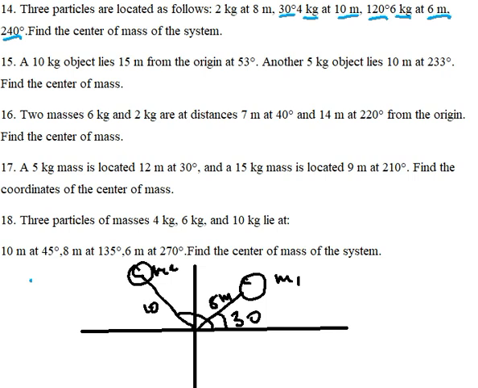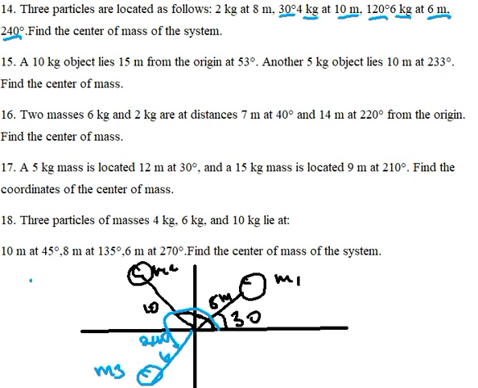And the object 3 is at about 240 degrees. So from the origin, we are to go like this. This is where 240 has to be located. And this is the object of mass 3, and the distance from the origin is 6 meters, which we should resolve.